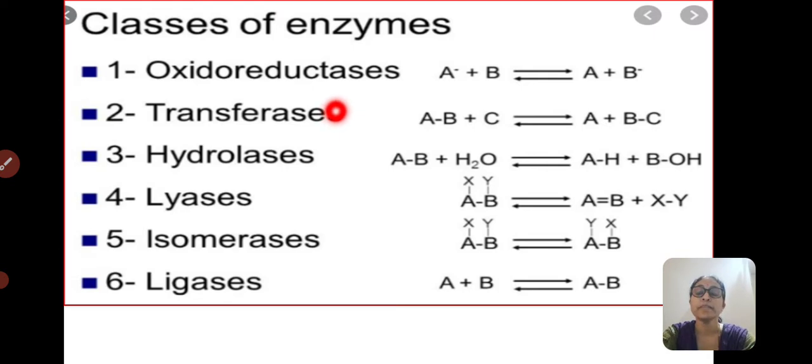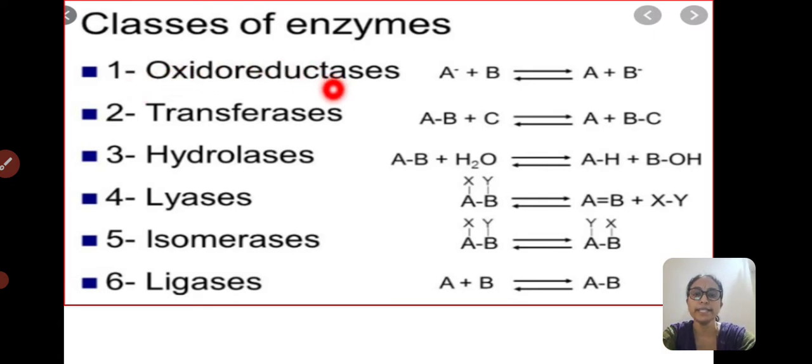But nowadays we are following a very systematic detailed description about the catalytic action of the enzymes based on the IUPMB system of classification. This particular oxidoreductases in IUPMB is called enzyme commission number 1. That one refers to the major class oxidoreductases.